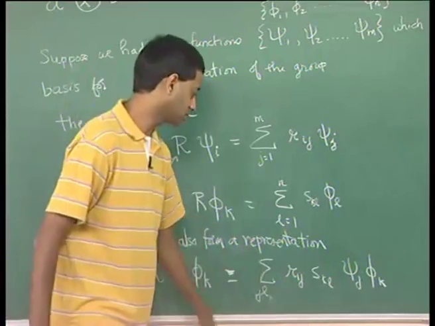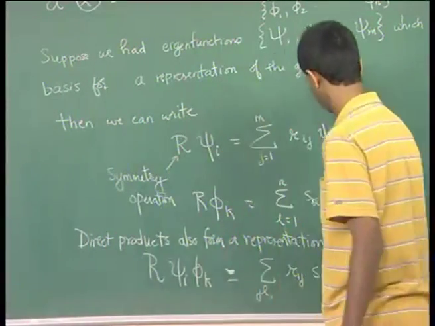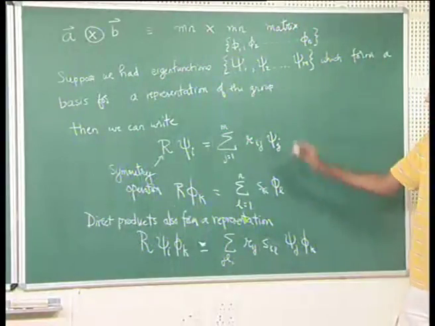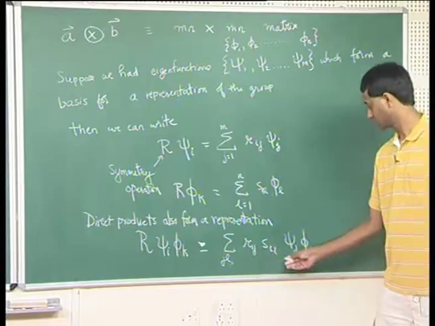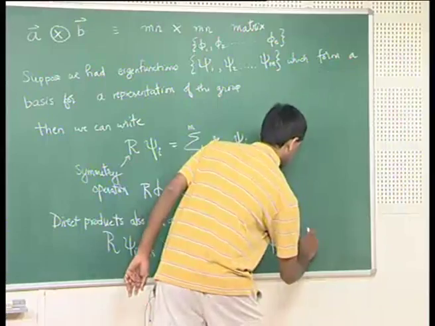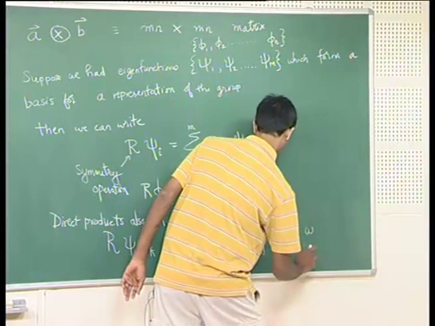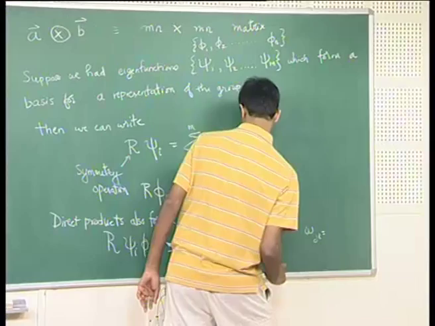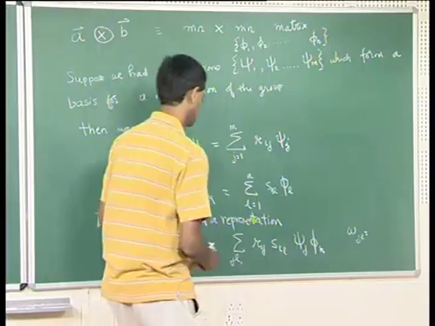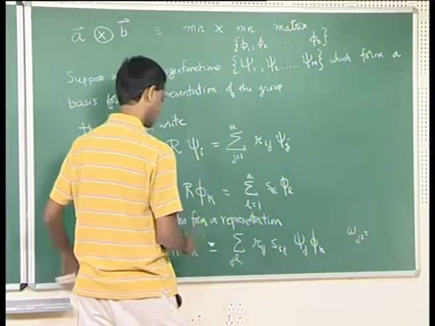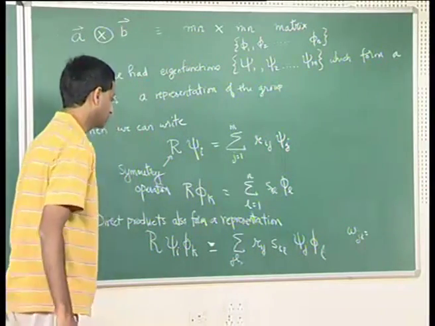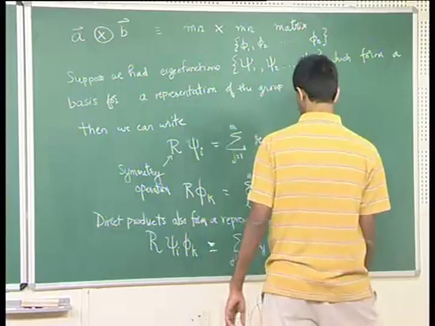Okay, and so this quantity is like one matrix element of that Mn by Mn matrix. So, this quantity R_ij W_jk is equal to W_jl phi_l.